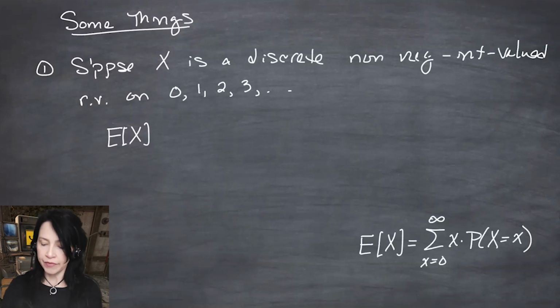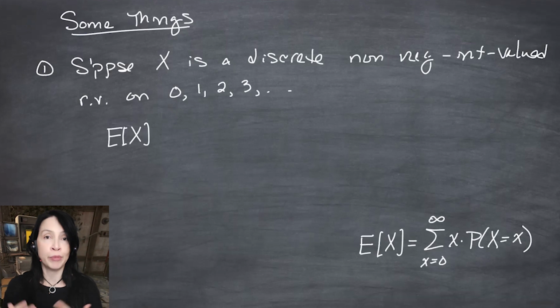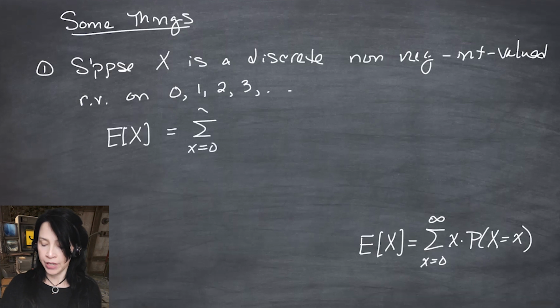But in this specific non-negative integer valued case, there's another way we can do this, and that is by summing tail probabilities. What do I mean by that? We're going to look at the sum as x goes from 0 to infinity of the probability that X is greater than x.